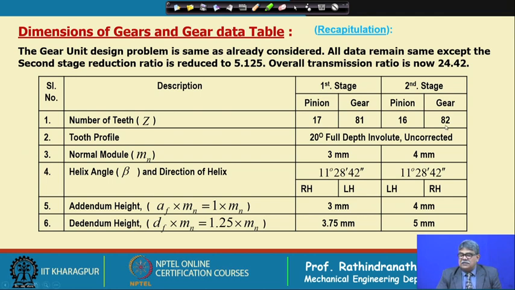In the last stage, the final output stage gear had 131 teeth, but now we have taken 82 teeth. So the transmission ratio of that stage has reduced to about 5, and there is no change up to the intermediate shaft. Only the center distance in the second stage will be reduced and the size of the gear will be reduced, and we have not yet calculated the shaft for the output. So, there is no problem.